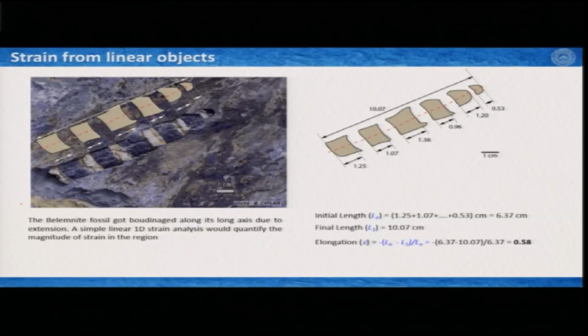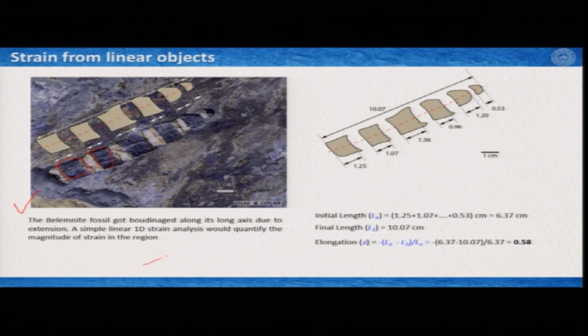What we see here in this image, this creature, as you see, has some broken square-like features, here and here, filled with some material. So this is a belemnite fossil that got budinaged. How did it happen?